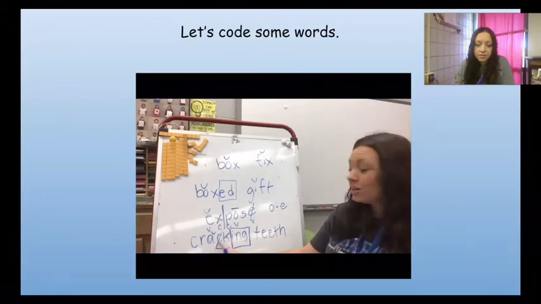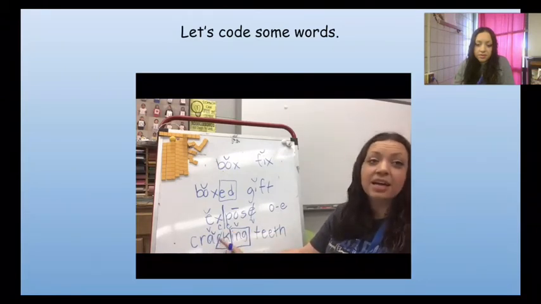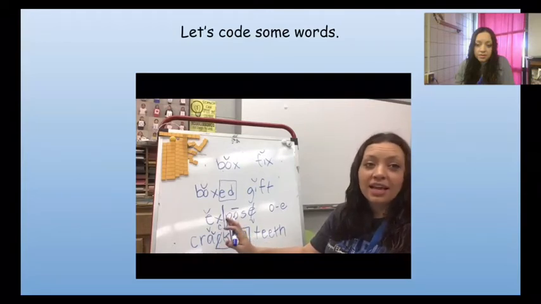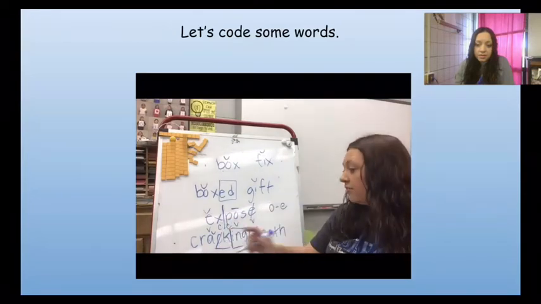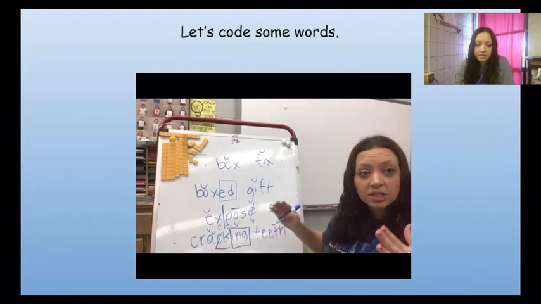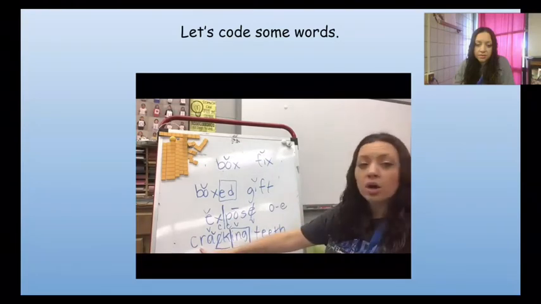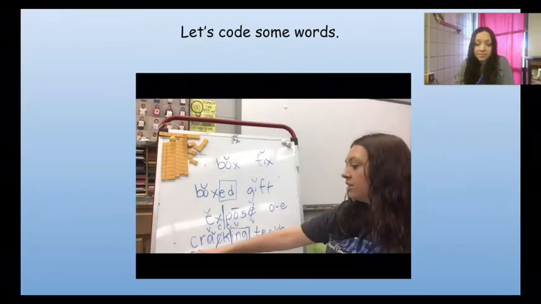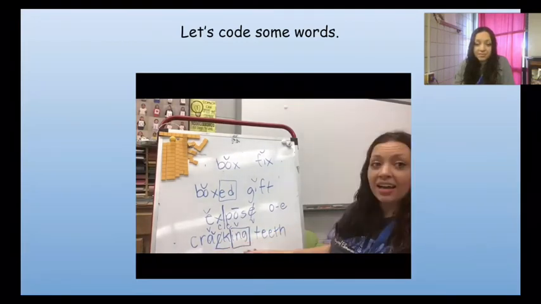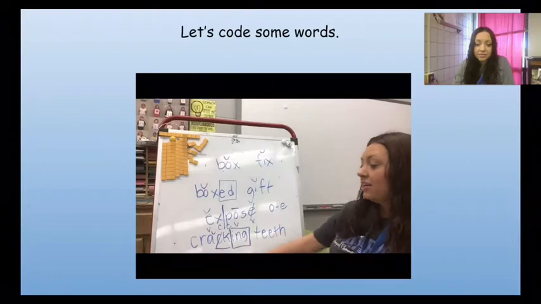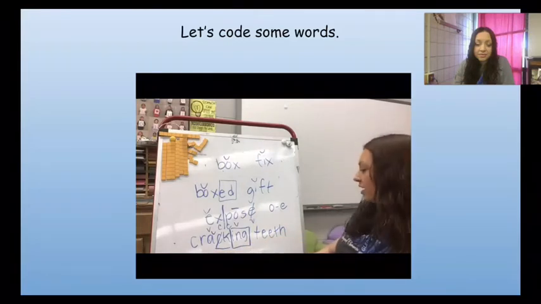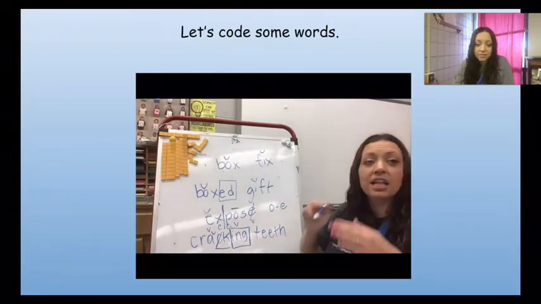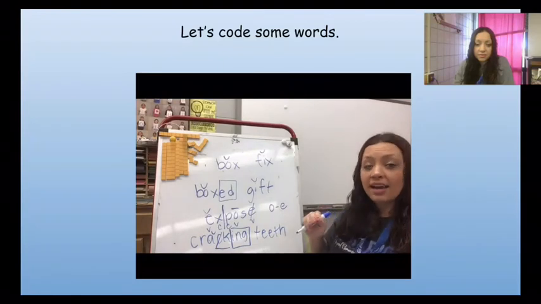Plus, I know it's going to be short because it's in front of CK. And remember, anytime that we use CK as a spelling, it's got a short vowel in front of it. I've got my CR, which says cur. So I've got cur, ack, crack. Very good. So crack, and then the ing says ing. Cracking. Very good. Cracking. And remember that ing is telling me it's happening right now.